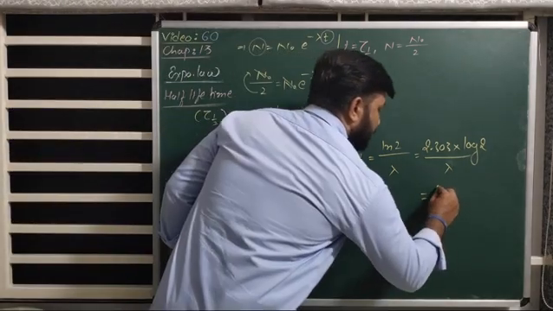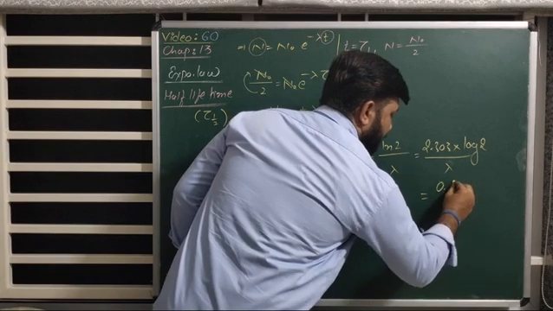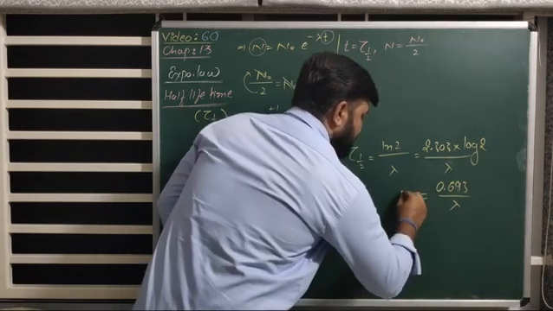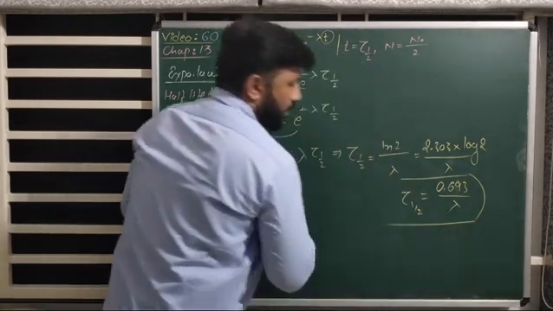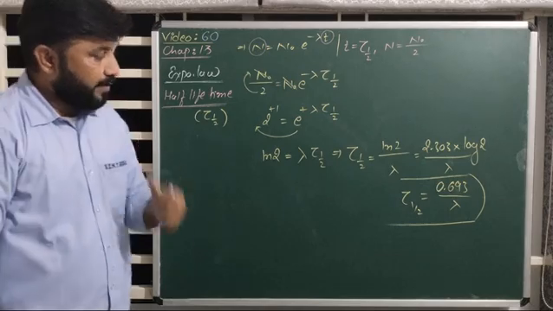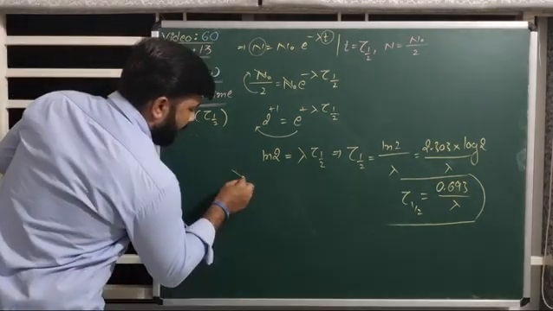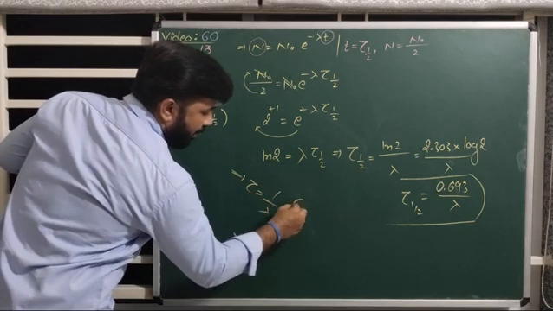So you will get 0.693 divided by λ. So it is the equation of half-lifetime. There is one more equation, τ is equal to 1 upon λ.